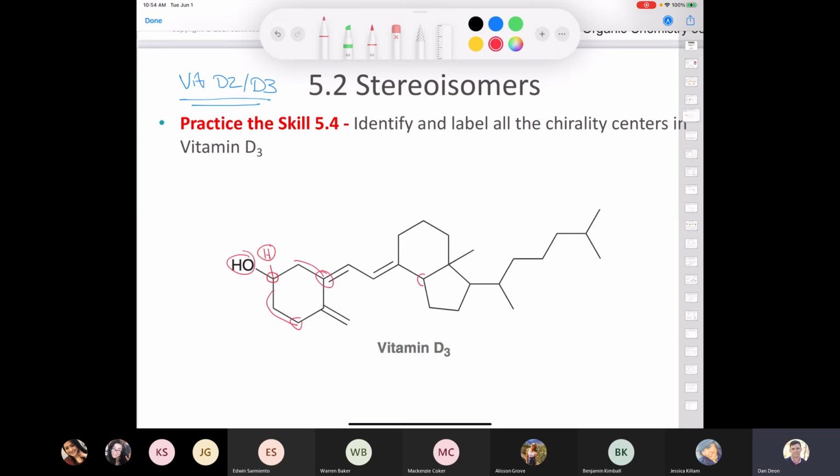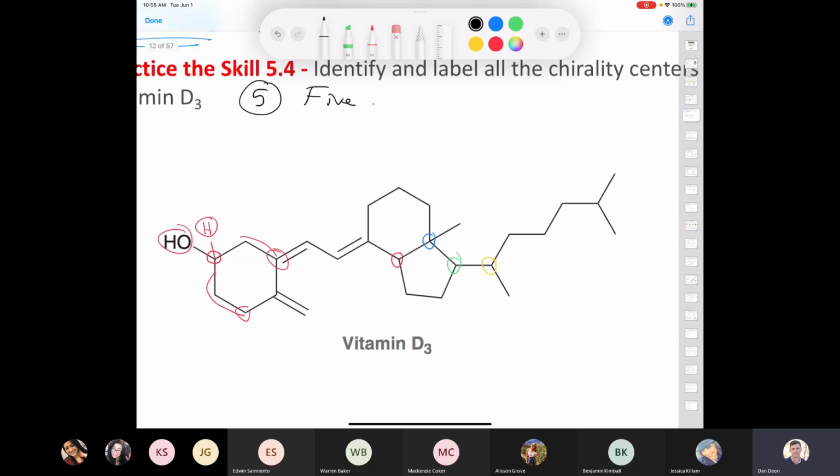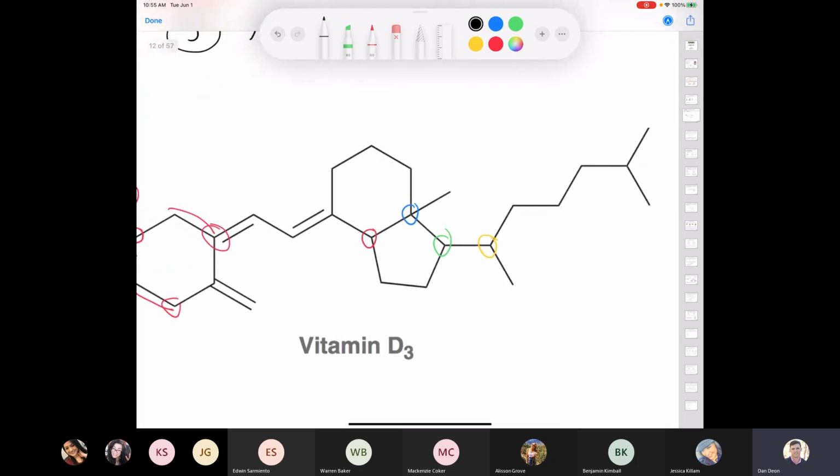The other ones, I have one here, one here, one here, and one over here. So there are actually 5 in this molecule. Anyhow, there's 5 stereocenters there. I'm just going to leave those with you and see if you can determine why each one of these is a chiral center.